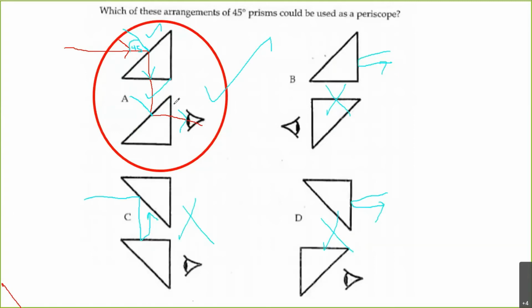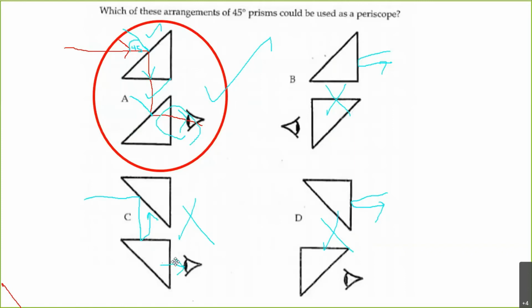Okay. So like I said, it might be easier, if you don't know where the light is coming from, to go from the eye and go backwards. Because we know that this part right here, where it's coming from the eye, has to be pointing towards the eye.